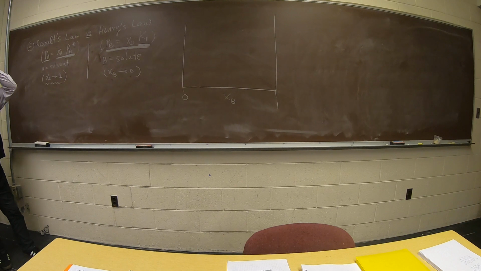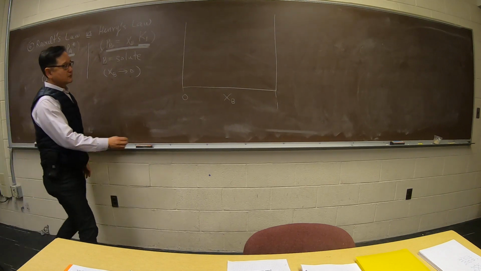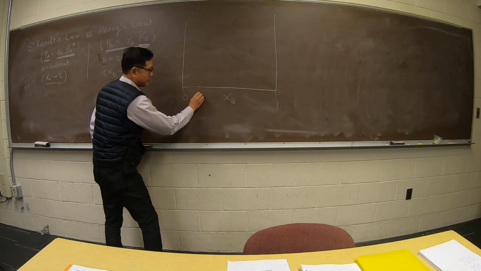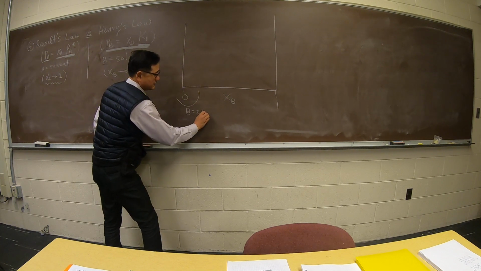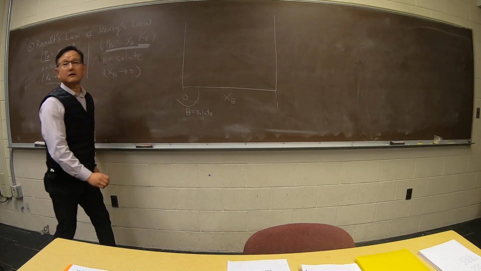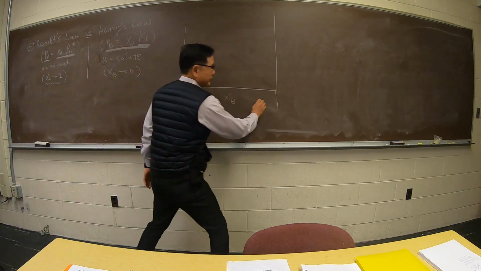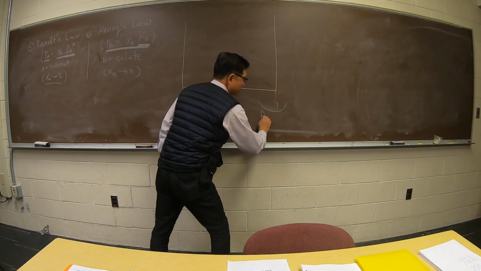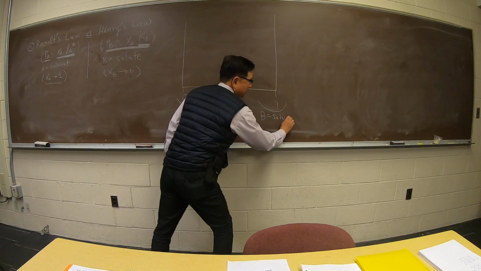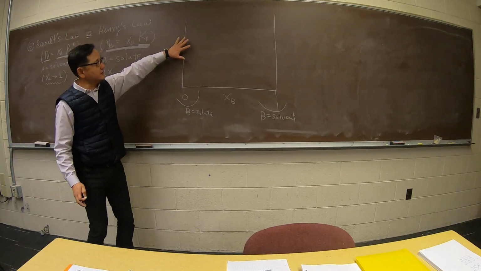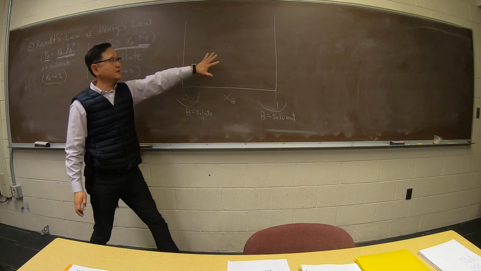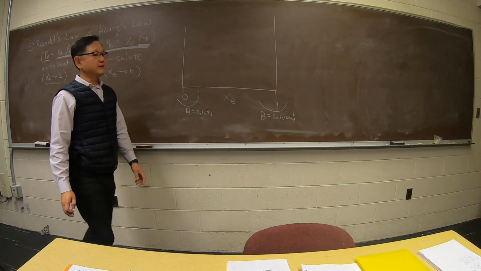Now this time it is the mole fraction of B. So this is a case where B is a solute. And this is a case where now B is the solvent. Depending on where you are, this side is where B is the solute, this side is where B is the solvent.